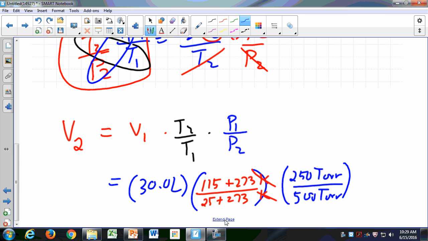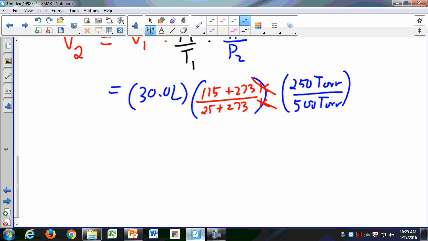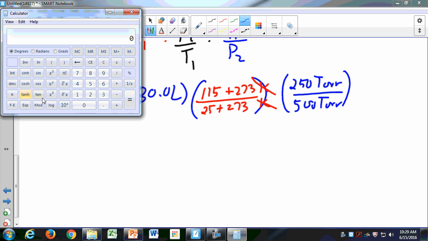Okay? So if we did that, I have 30 times, let me get my temperature factor first. Okay, so parenthesis, 115 plus 273, close parenthesis, divided by, parenthesis, 25 plus 273, close parenthesis.